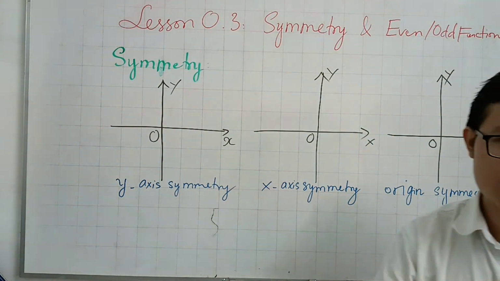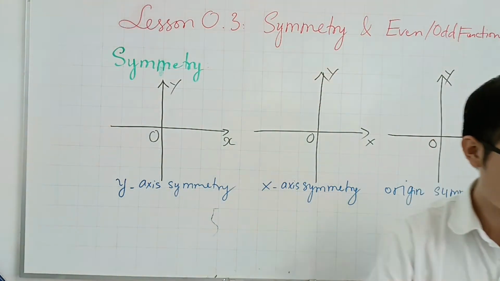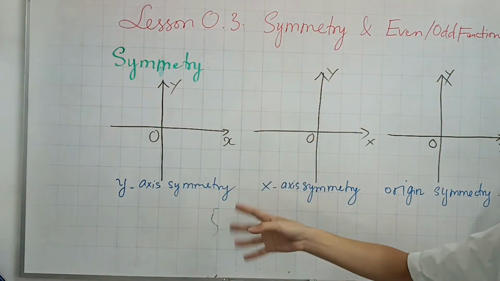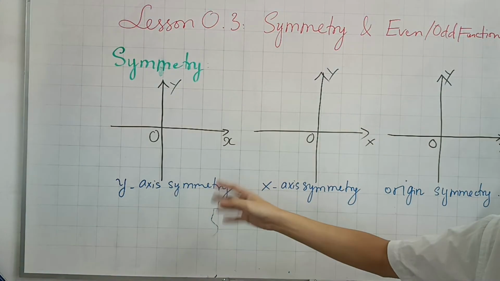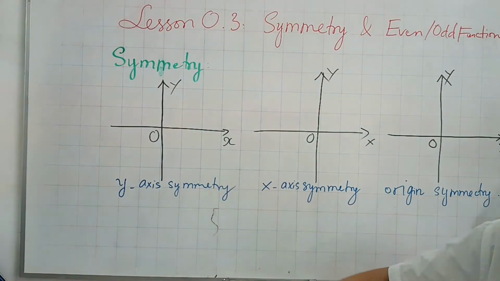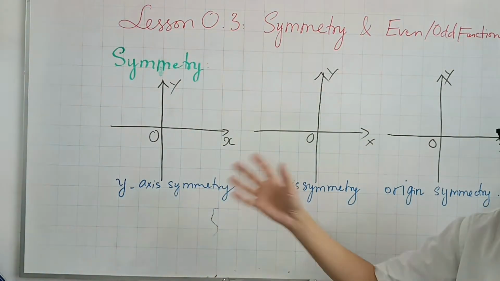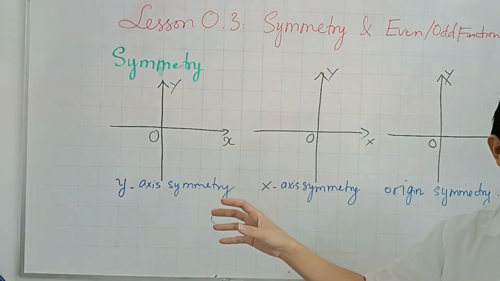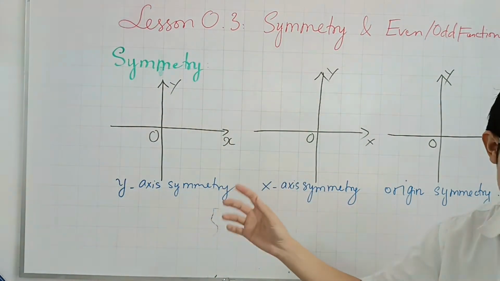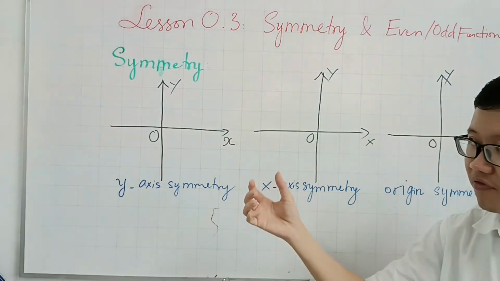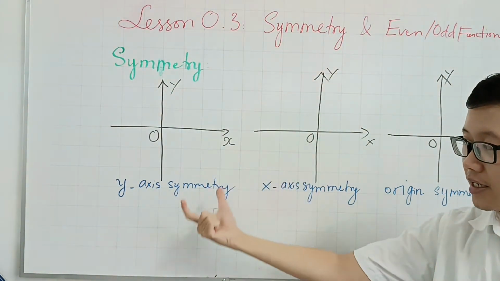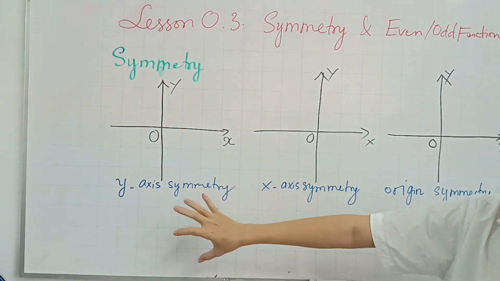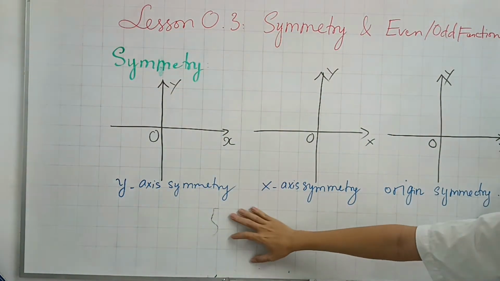And we have the definition: a graph is symmetric with respect to the y-axis if whenever the point (x, y) is on the graph, the point (negative x, y) is also on the graph. It is y-axis symmetry. The graph reflects across the y-axis.